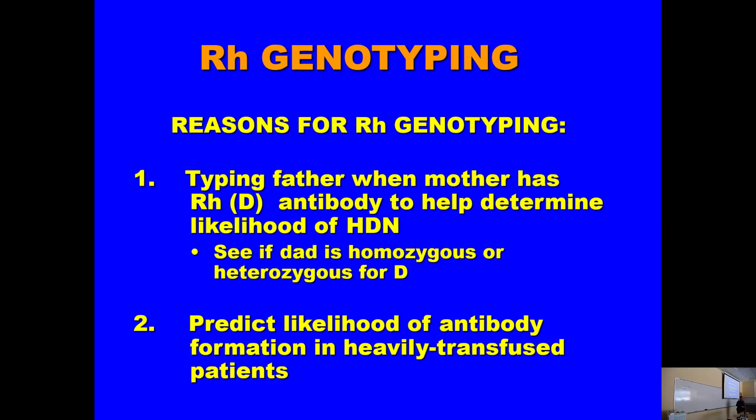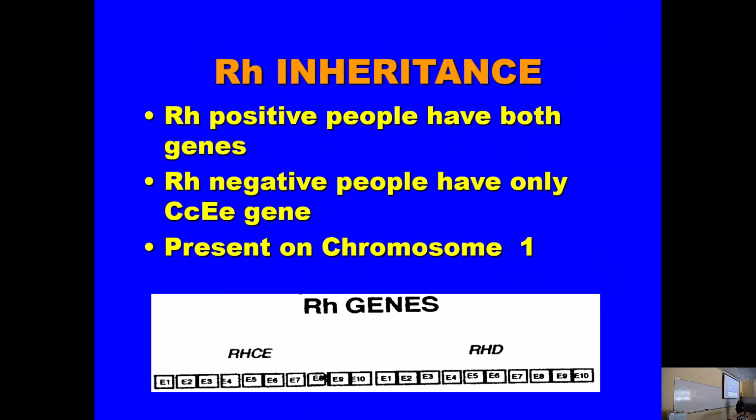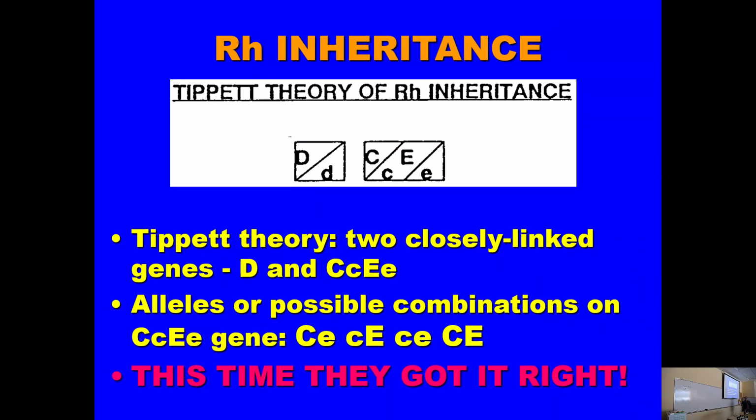What antibody is telling you that you are Rh positive? It's genes. Okay, Rh positive is D. So if you are Rh positive, you're going to have the D gene and the CE gene. If you are Rh negative, there is no D gene, you just have the CE gene.